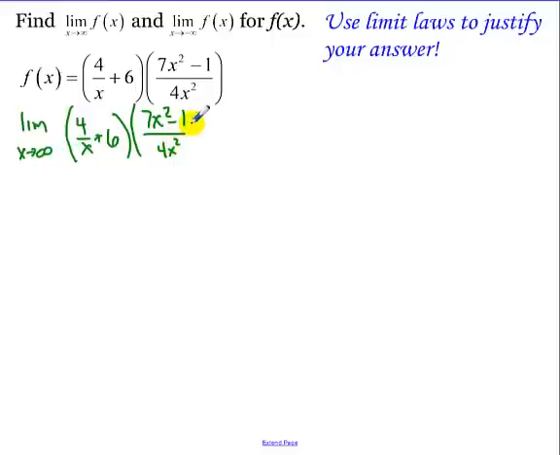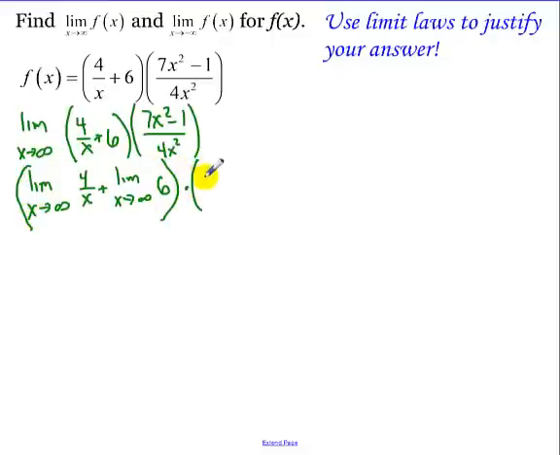So I'm finding the limit of that function, but I can find each one of these functions individually if I wanted to. And since I'm finding the limit of this individual thing, I can also separate the first part of our product into a sum of limits also. So that's one piece. And then now I have the other piece.